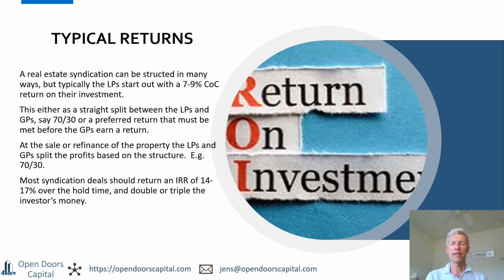So say a 5-year hold time, you invest $100,000, you can expect or hope to get probably $200,000 in return over that period, and that would be your monthly cash flow and also any gains on the sale of the property.